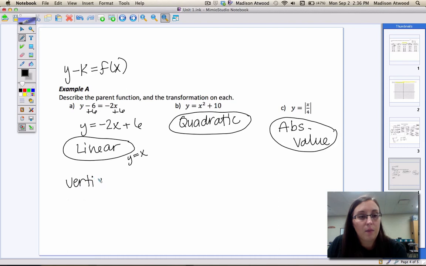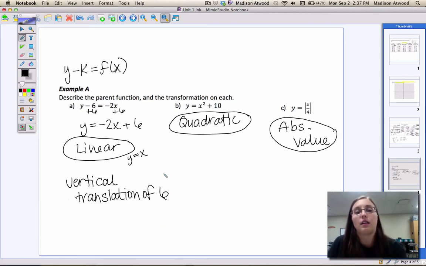Now, if I want to put this in more layman's terms, I would say it's moved up 6. That means the same thing, but we want to start talking in terms of vertical or horizontal, and we want to use those words translation, reflection, dilation.